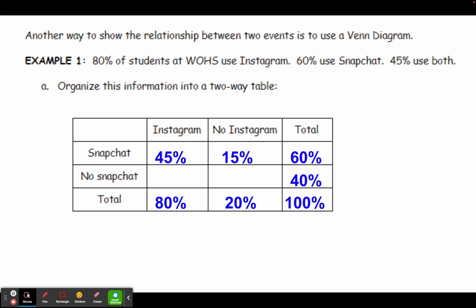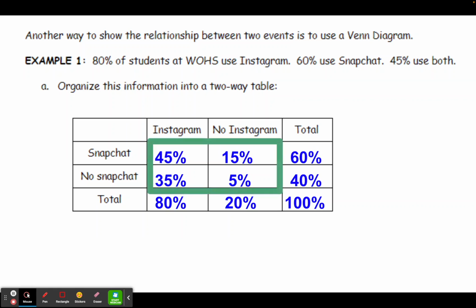For instance, here I got 15% because I know that that top row has to total 60, and 60 minus 45 gives me 15. I can do the same thing with this column. 80 minus 45 leaves 35% of students that don't use Snapchat but use Instagram. And then that final box, of course, would be 5% because 35 plus 5 would give us 40% for the row. 15 plus 5 would give us 20% for the column.